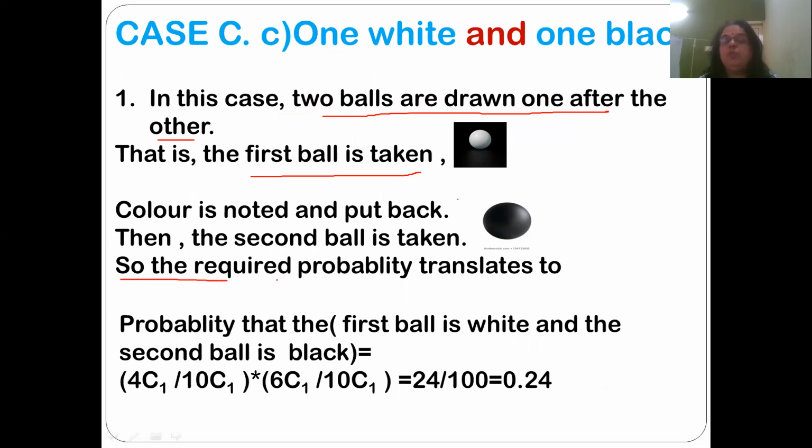So the required probability translates to the probability that the first ball is white and the second ball is black. That is equivalent to 4C1 by 10C1 into 6C1 by 10C1, that is equivalent to 24 by 100, that is equal to 0.24.